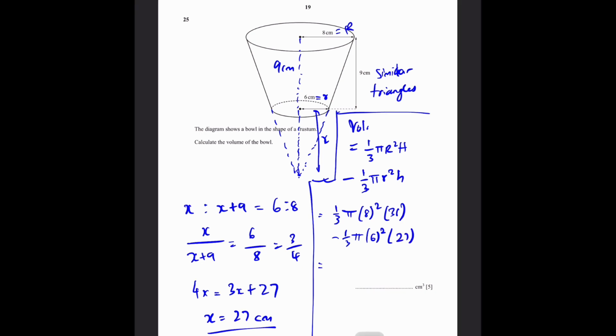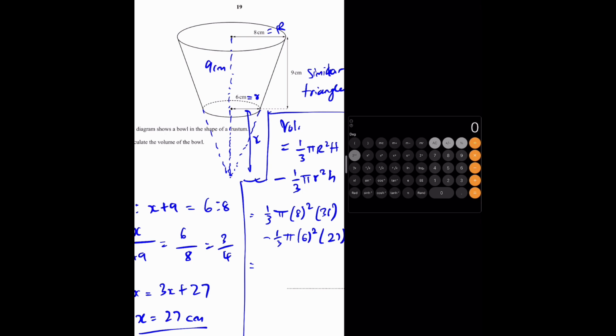On our calculator, we can do 8 squared times 36, minus 6 squared times 27, and then multiply the whole thing by 1 by 3 pi, since we can factorize this out at the start. So divide by 3, multiply by pi, to get 1394.867. We can write this as 1395 centimeters cubed to the nearest whole number.